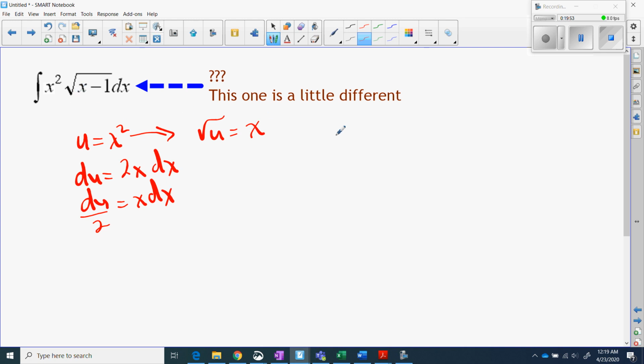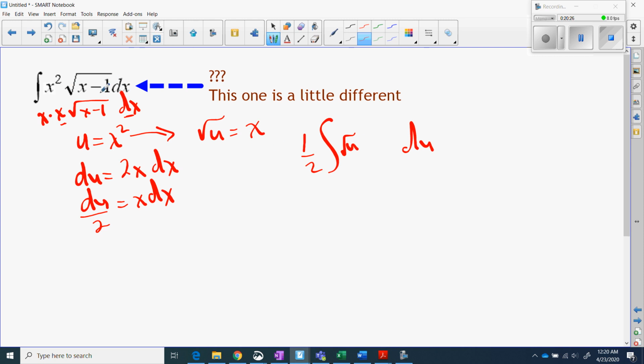So if I go to rebuild this, let me see what I've got here. Instead of x squared, I can have maybe x times the square root of x minus 1 dx. So x dx is du over 2, and then I've still got an x left, so that's still a root u left.